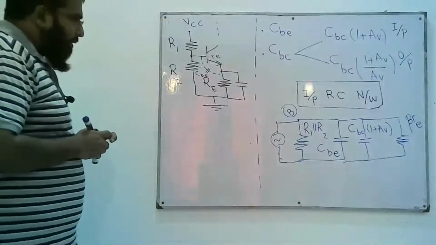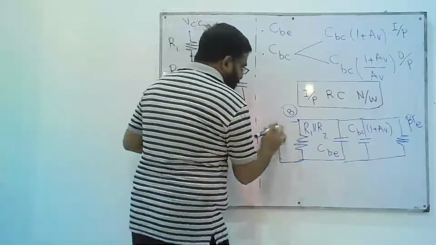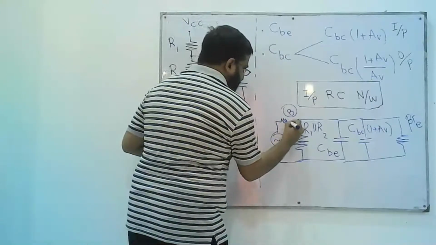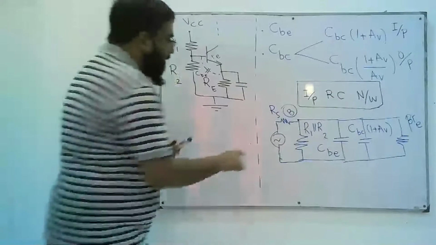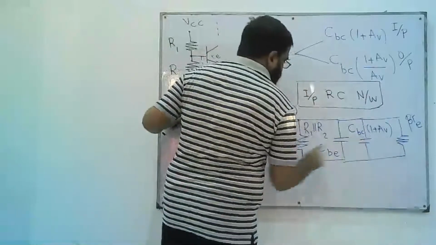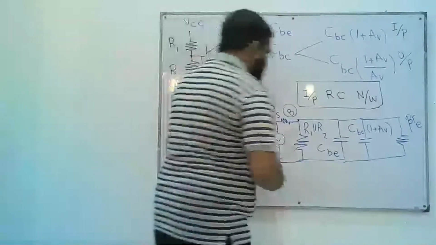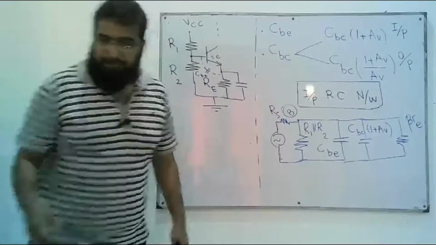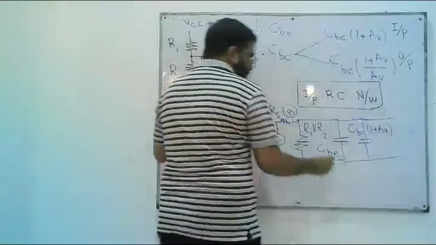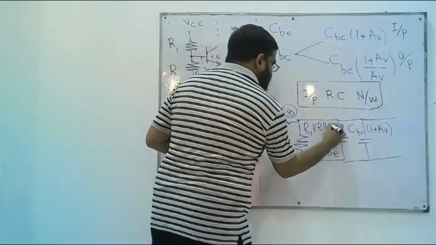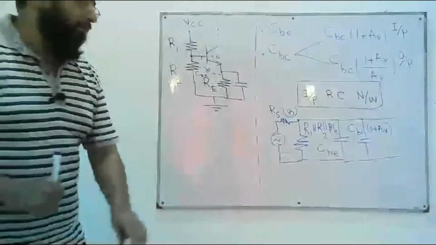Of course, this source may also have a resistance. Suppose it has a resistance that we call RS. Then we can redraw this circuit by replacing these parallel connected resistors as one: R1 in parallel with R2 in parallel with beta Re.